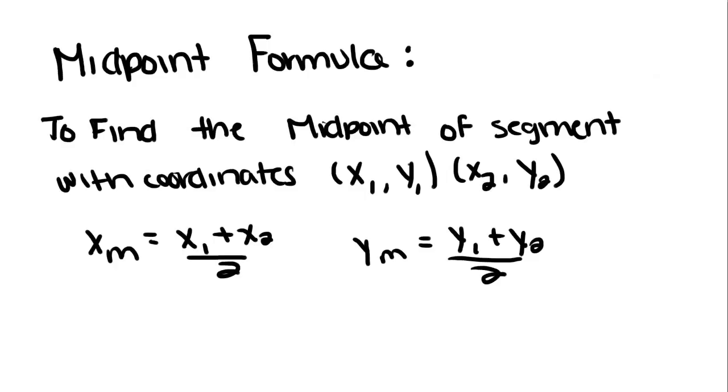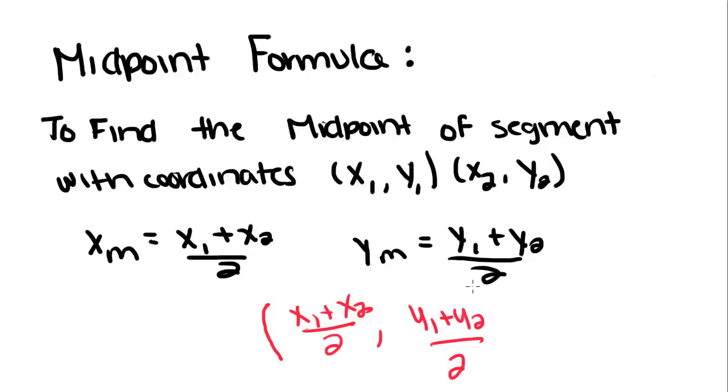So today we're going to focus on the midpoint formula. To find the midpoint of a segment with coordinates x1, y1, x2, y2, we're going to use these two equations. And as our final result, we're going to have an ordered pair whose coordinates equal these two equations.